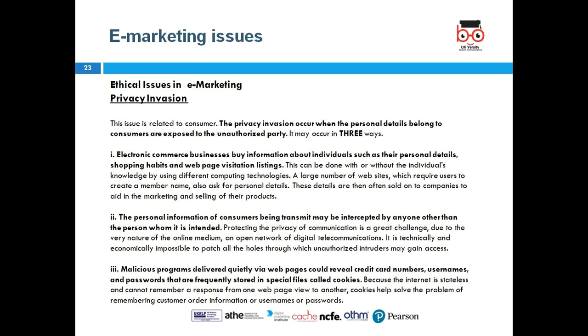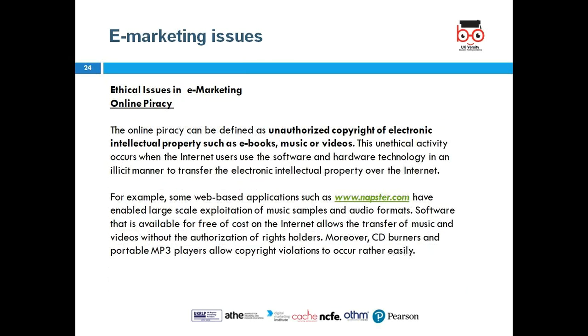If they send marketing in any way, they can easily harm the existing Tesco and increase their sales, isn't it? Correct, yes. So privacy invasion has that problem.